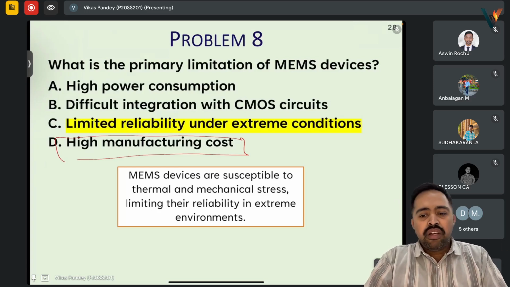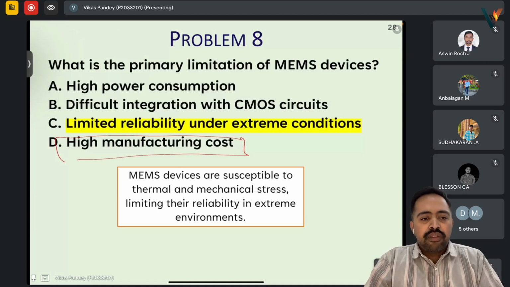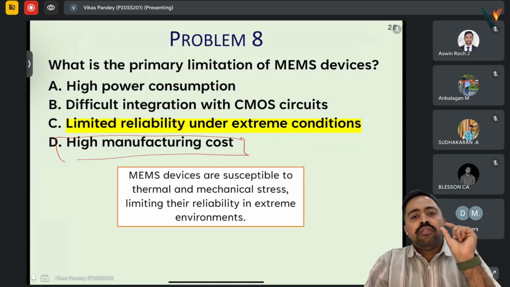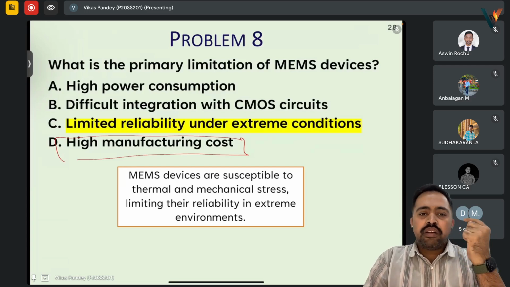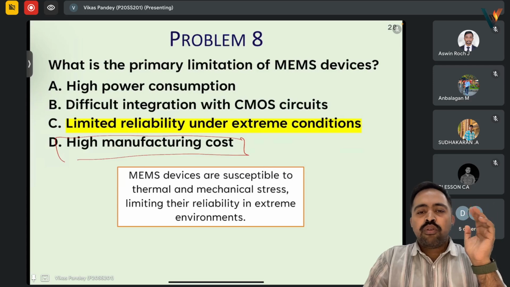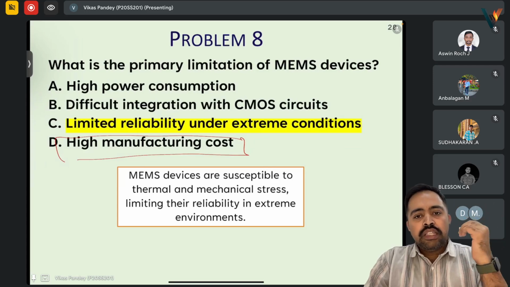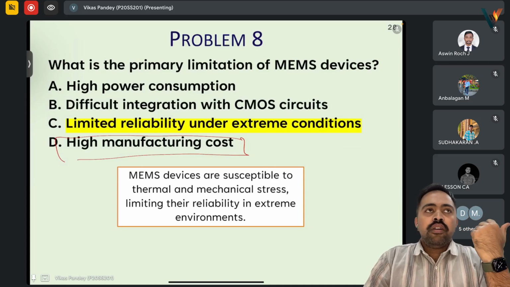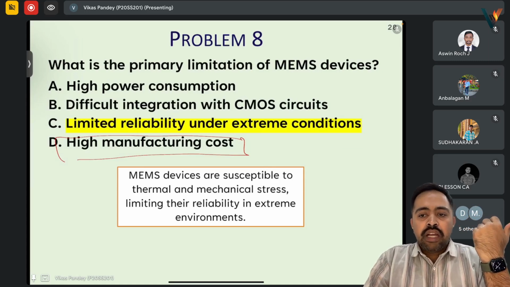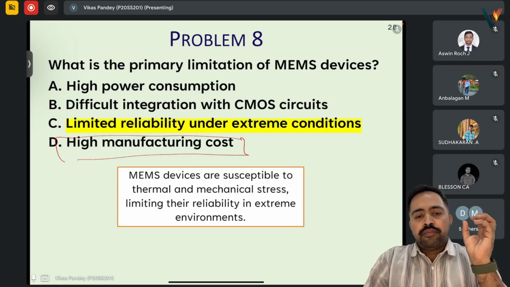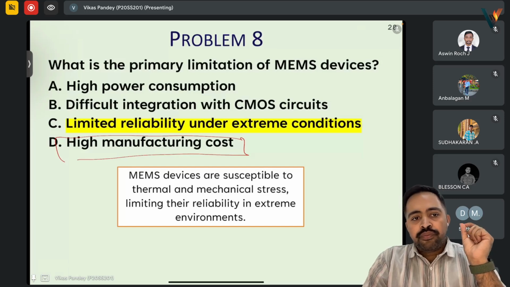We are already manufacturing that at a very low cost. Nowadays, you can get a small chip at 1, 2 rupees, 10 rupees, 20 rupees. So cost is not an issue nowadays. It used to be an issue 20, 30 years back. But reliable working is an issue. Okay.